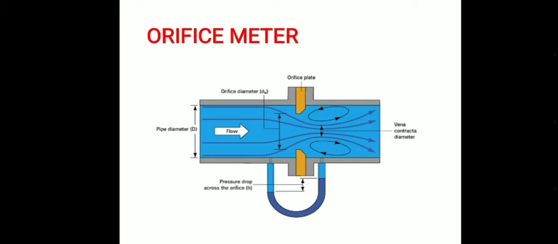By analyzing the figure we can see an area called vena contracta. It's an area of flow having a minimal area of cross section. In this figure the flow of fluid, or the streamline flow, is represented by these lines.